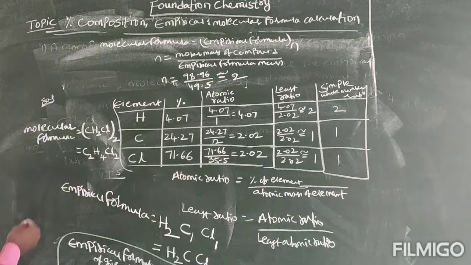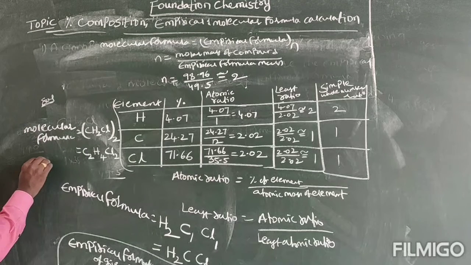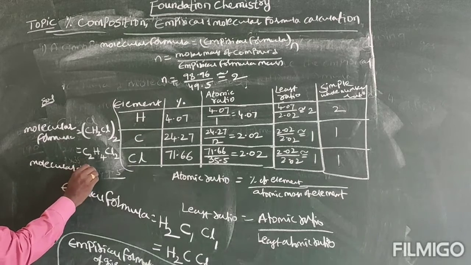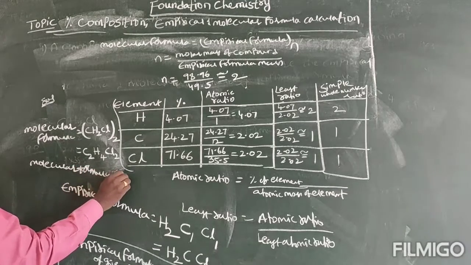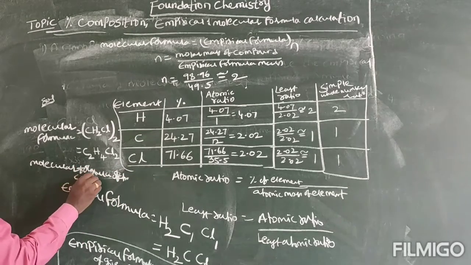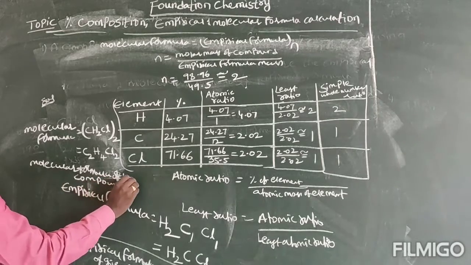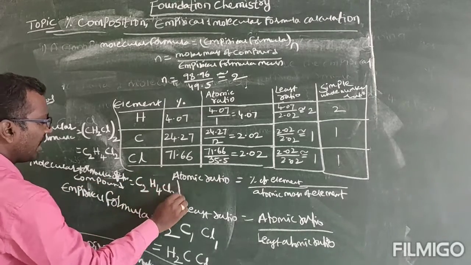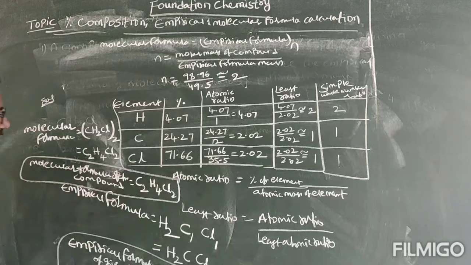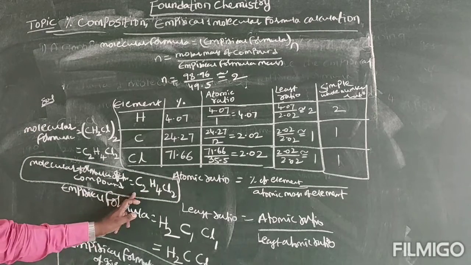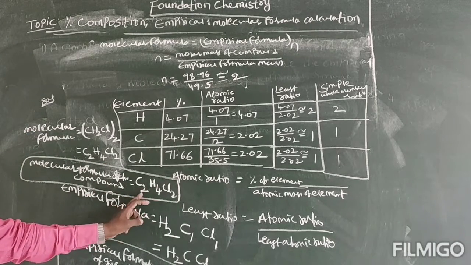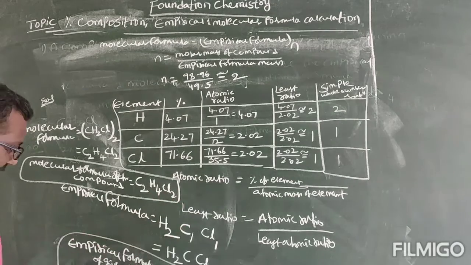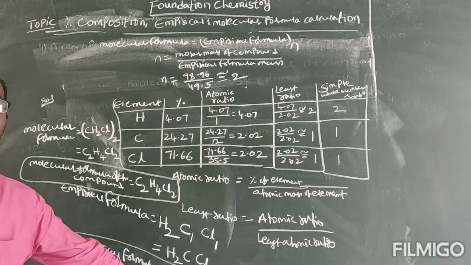So the molecular formula of the given compound is C2H4Cl. So this is the molecular formula. And the empirical formula is CH2Cl.